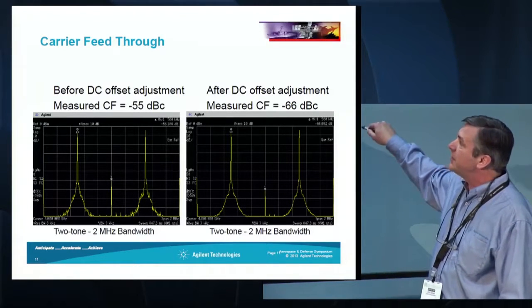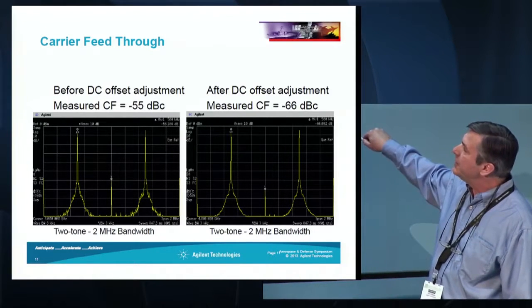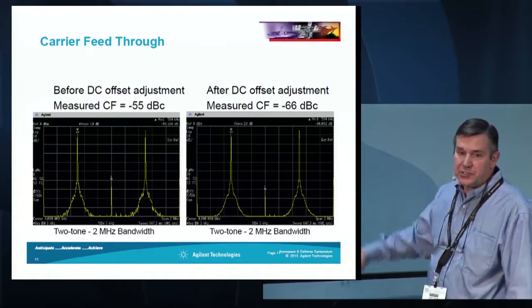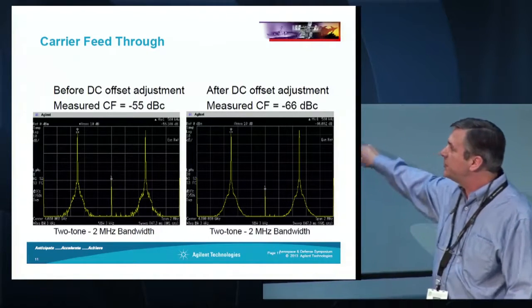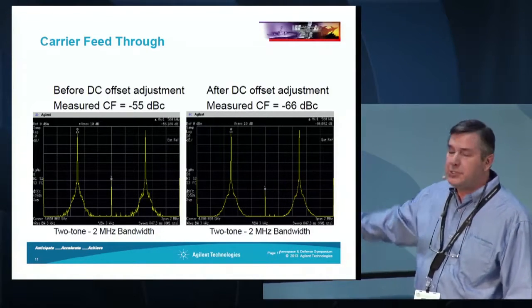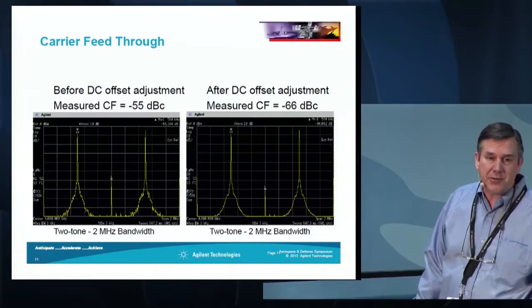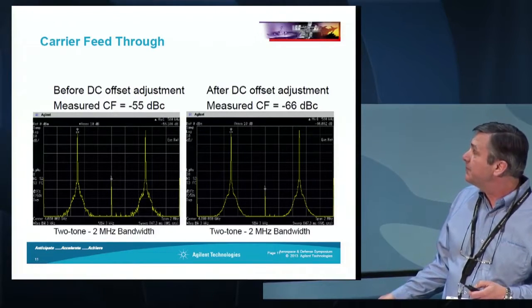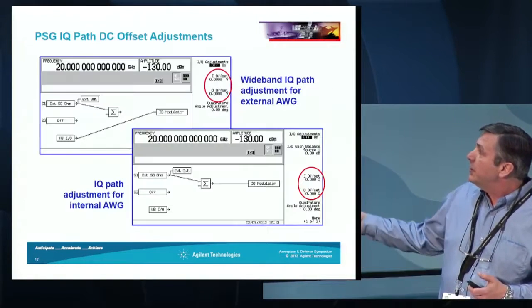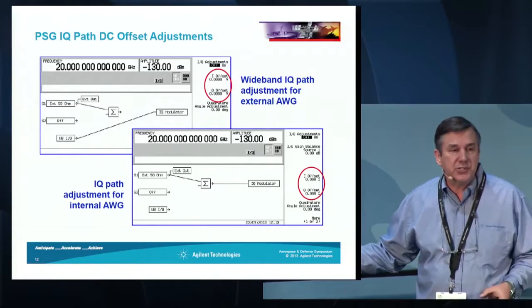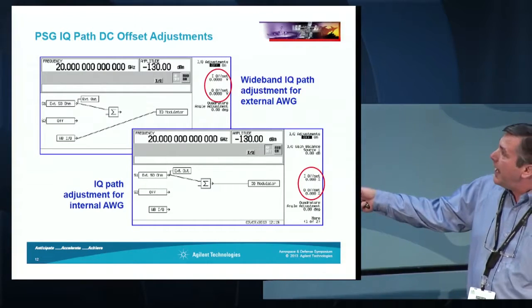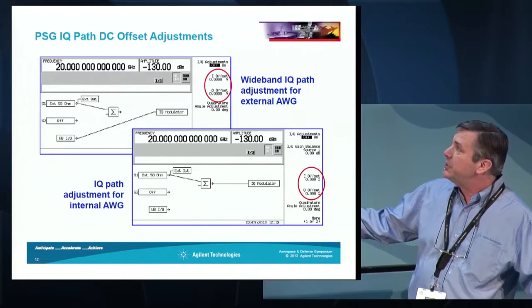After a DC offset adjustment within the signal generator, we get minus 66. And of course, we could reduce this more if we used a pre-distortion technique to put a tone in here to cancel this particular tone. That's another method that you can use. Of course, most modern signal generators, including Agilent's, have this capability to adjust DC offset.